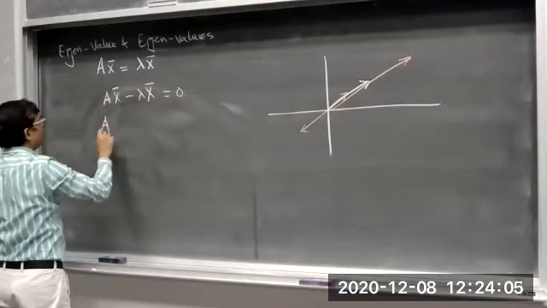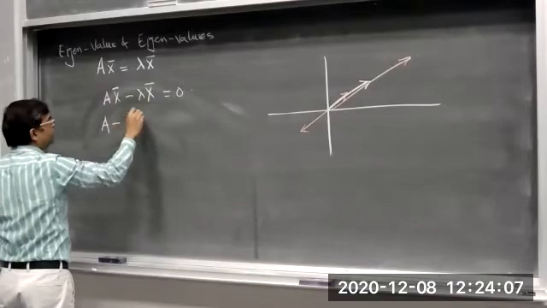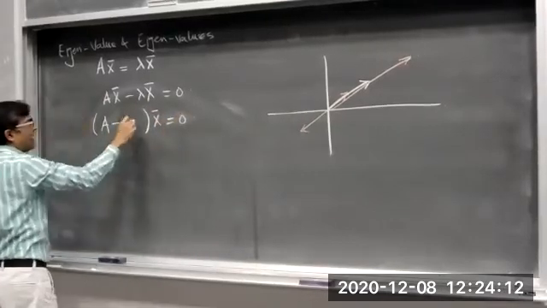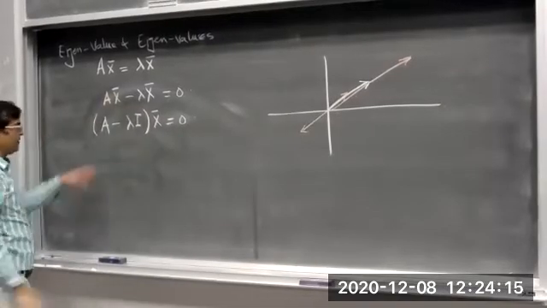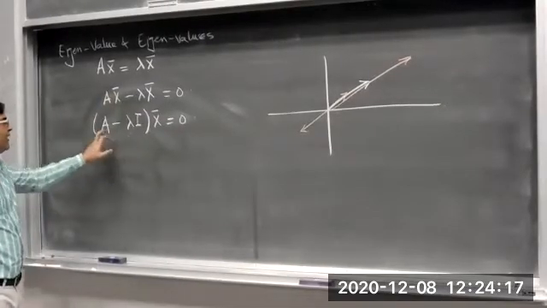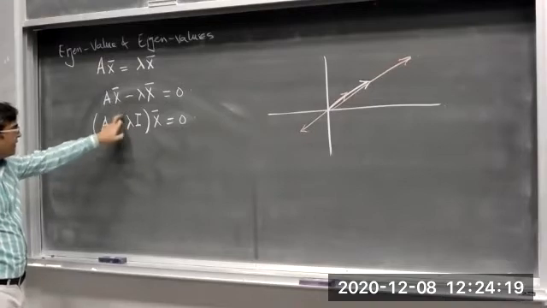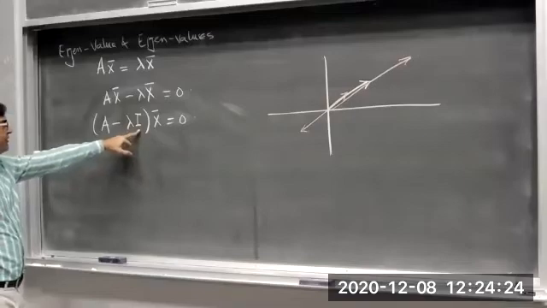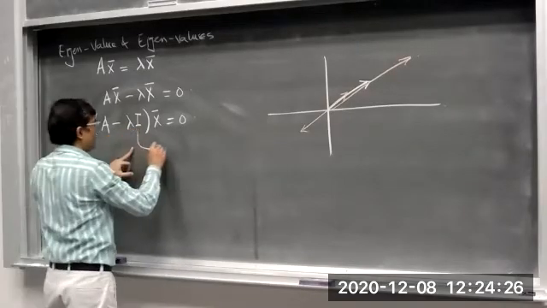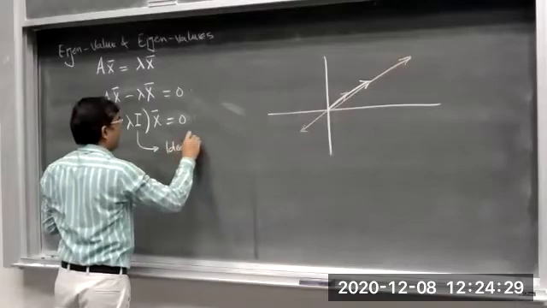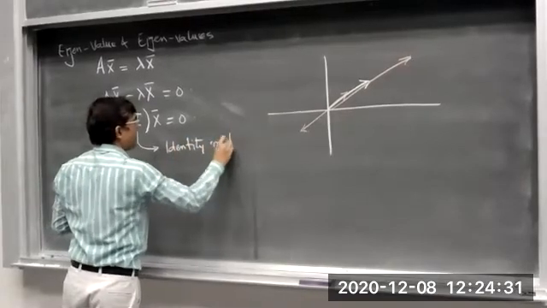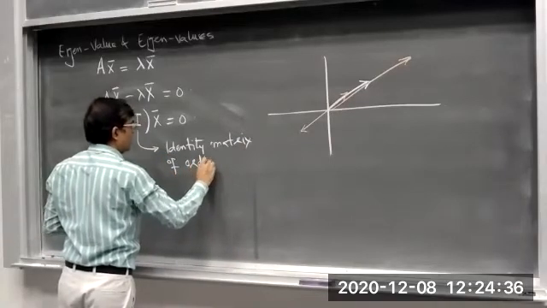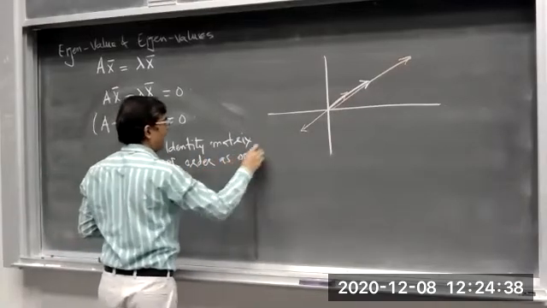From here, we can take X common, and here we have to put I. Why? Because A is a matrix and we cannot subtract a constant, a real number, from a matrix. So we have to put an identity matrix of the same order as A.